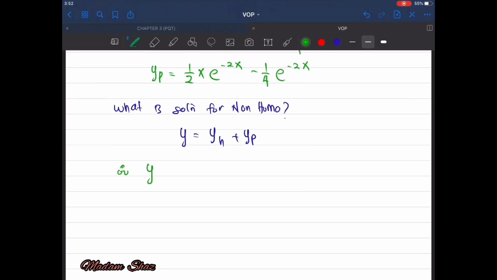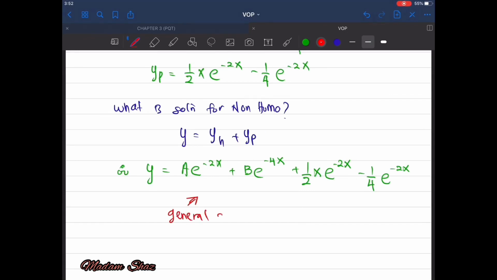Therefore y is equal to a exponent negative 2x plus b exponent negative 4x plus 1 over 2 x exponent negative 2x minus 1 over 4 exponent negative 2x. This is what we call the general solution of the non-homogeneous equation that we solve by using variation of parameters.